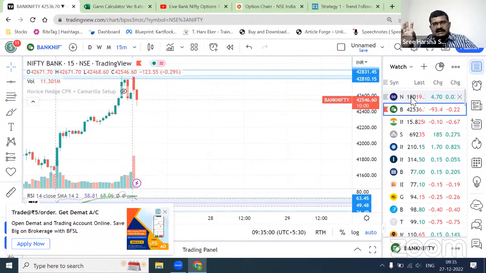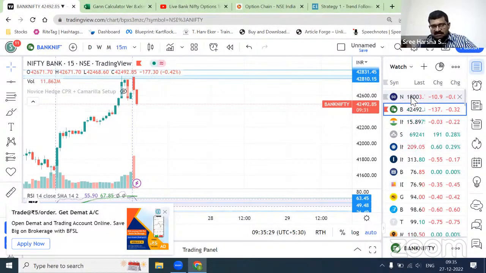Now, if the market is going to hold 18,000, 18,030, then the market is on the upside for Nifty. And if it holds 42,500 for Bank Nifty, then the market is on the upside. Today, if we are able to sustain beyond the day's high, the possibility is we will see some further upside.